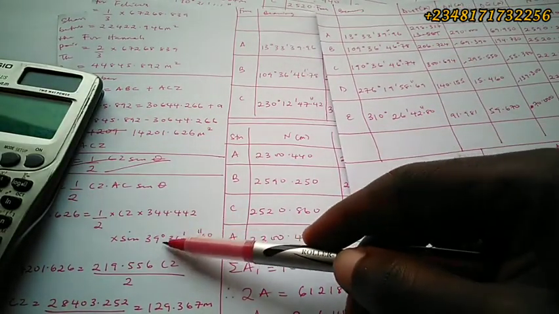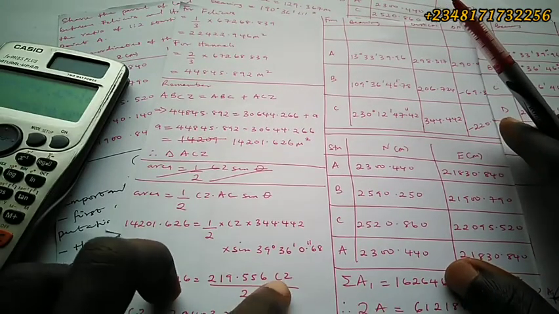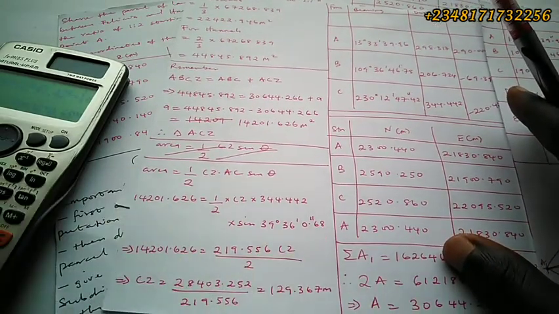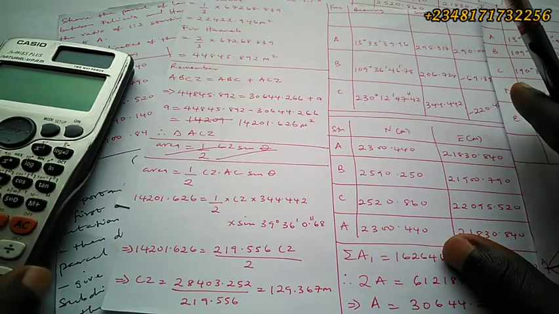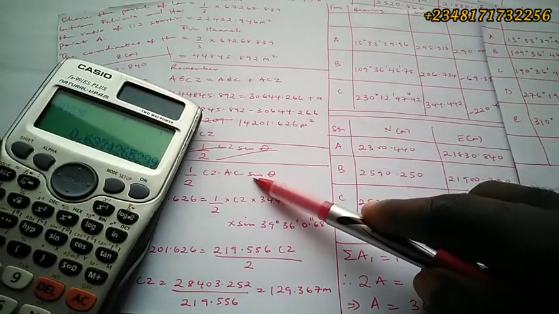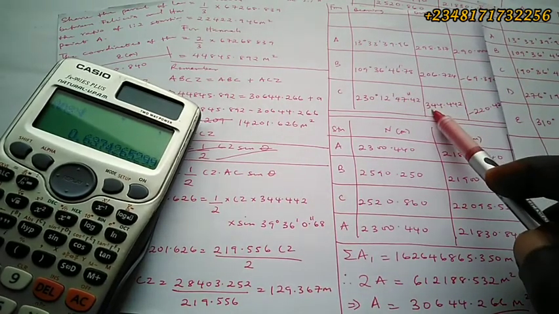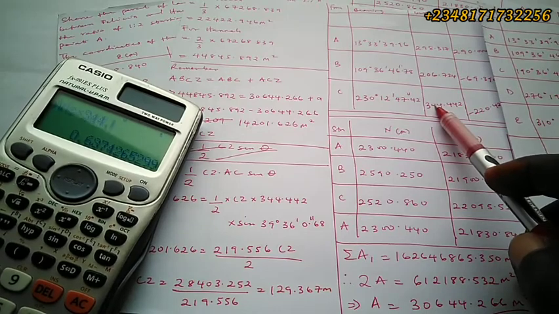So the next thing is we are now going to carry the computation out. So sine this answer will give us a particular value, multiplied by what? Remember that it is sine theta multiplied by AC, and AC we've actually gotten as 344.442.